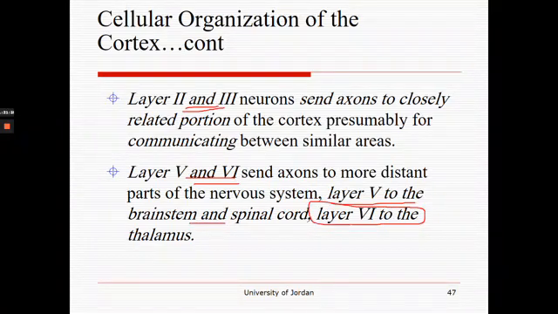Layers 5 and 6 are efferent. Layers 2 and 3 send impulses presumably for communication between similar areas.